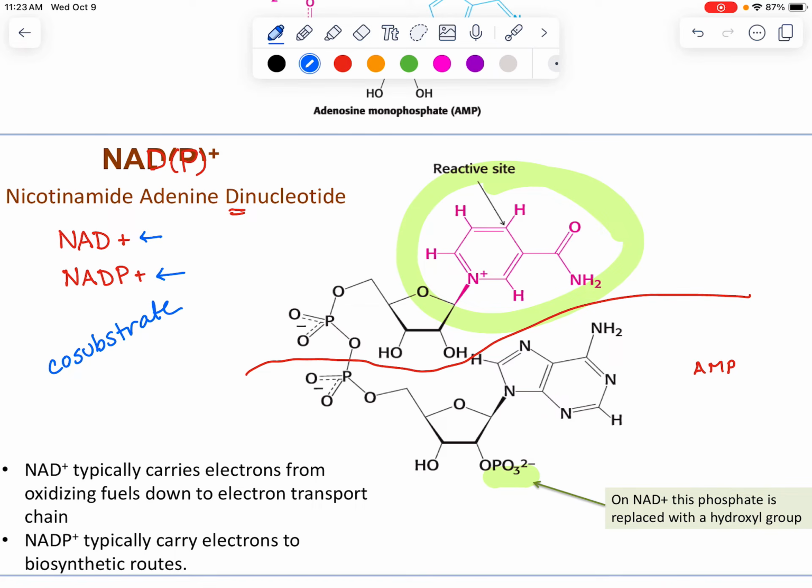NADP plus tends to carry electrons to synthesize things. So this is for a biosynthetic route. Okay, this would be oxidizing fuels route. So one for energy, one for synthesis. Okay, and the body knows which one to use from this phosphate tag.